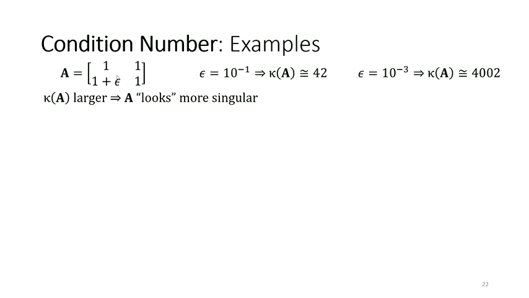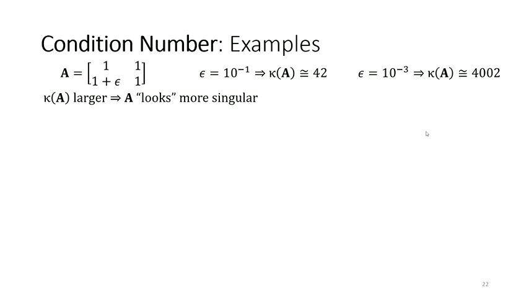And that's why when you keep reducing epsilon, the condition number keeps increasing. It becomes worse and worse, and it will approach infinity when epsilon approaches 0. Okay, so from visual inspection, you can see clearly how the condition number will change with epsilon.